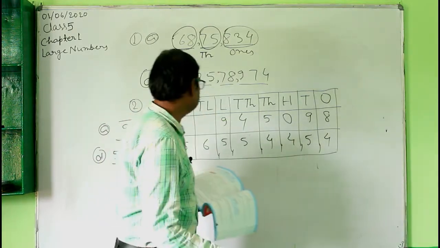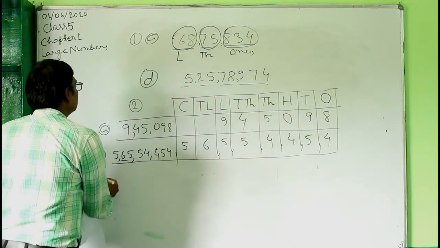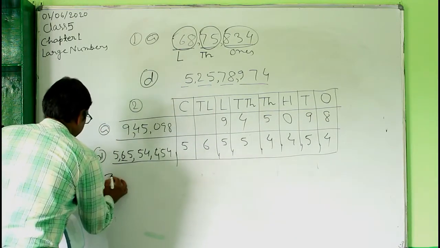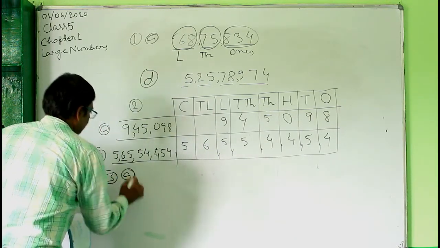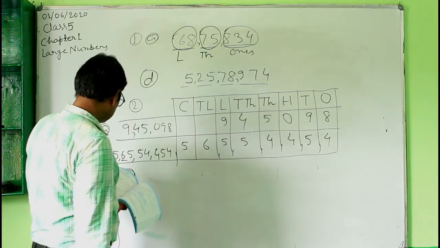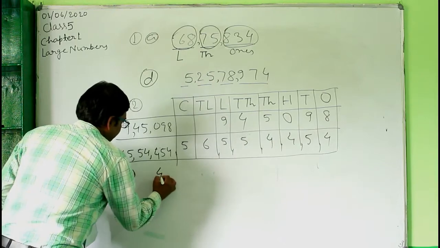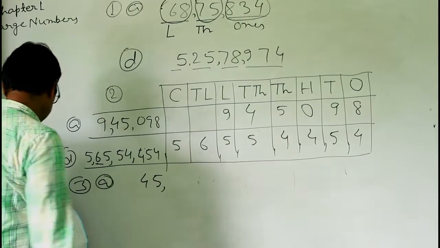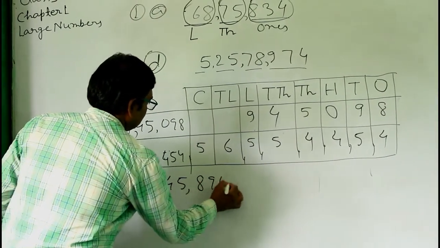So the first number is A. So the question number is 3. In question number 3, write the names. So it is 45,890.